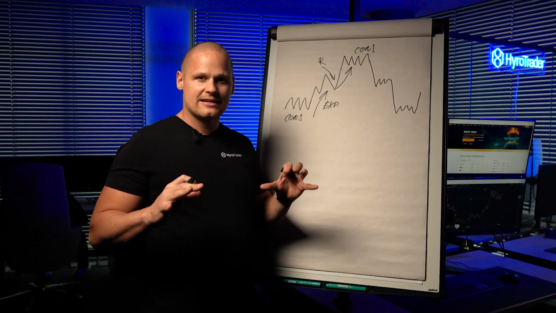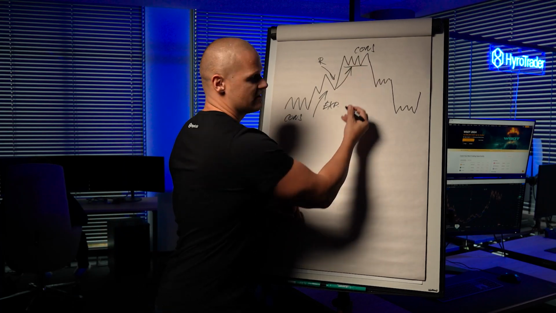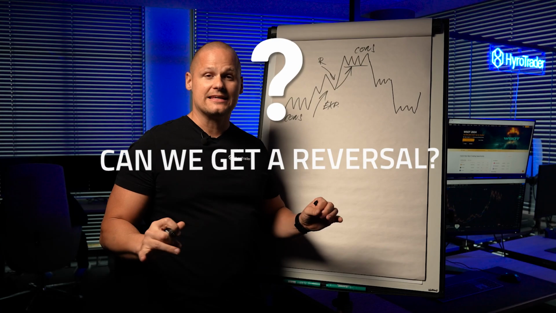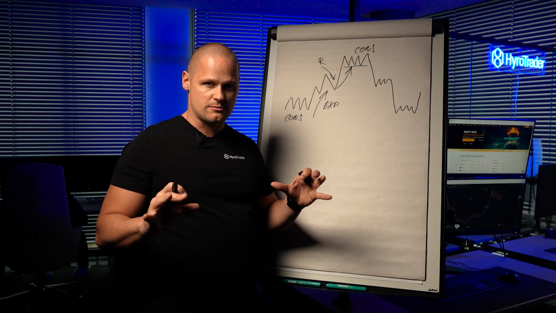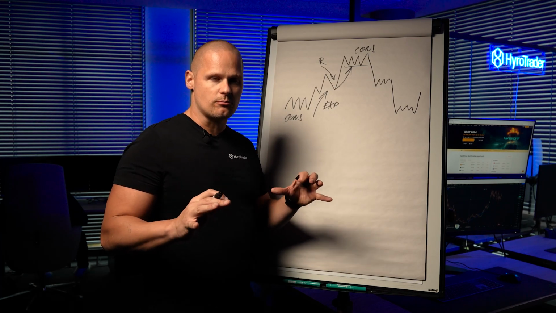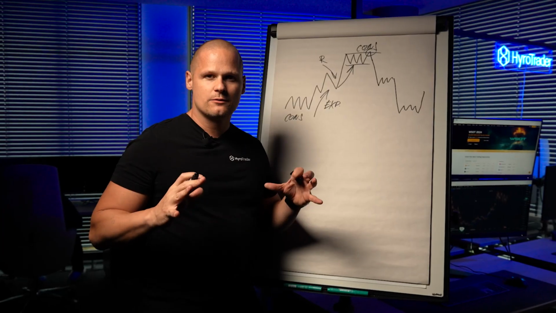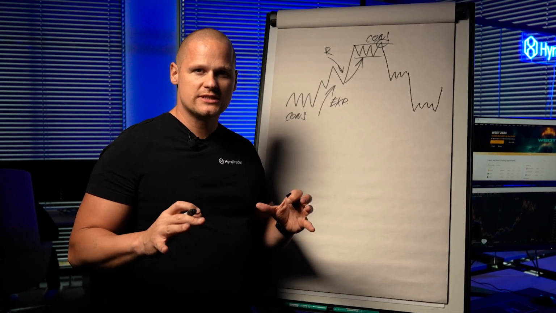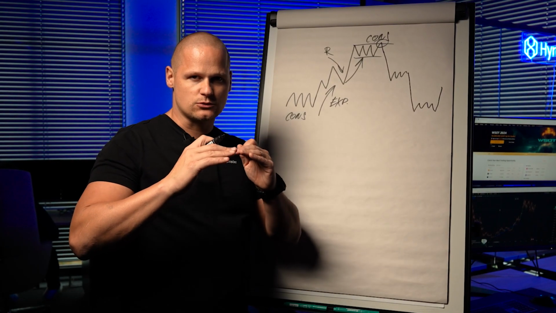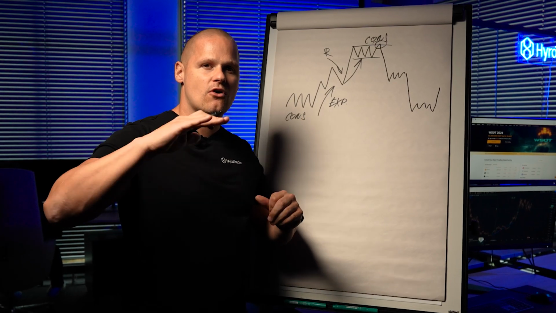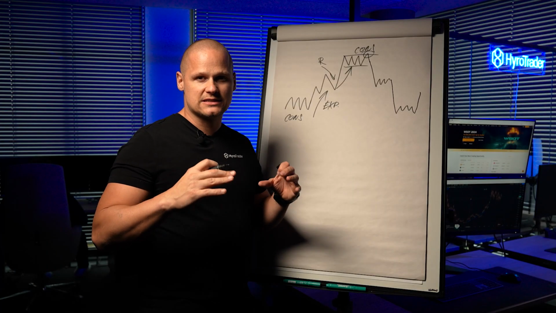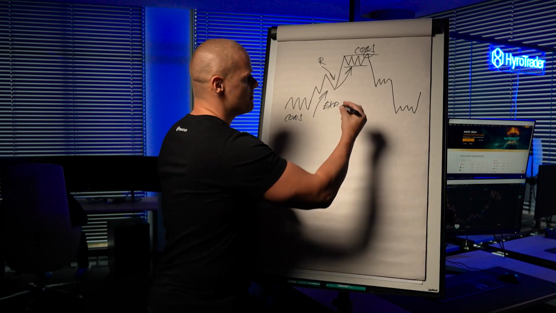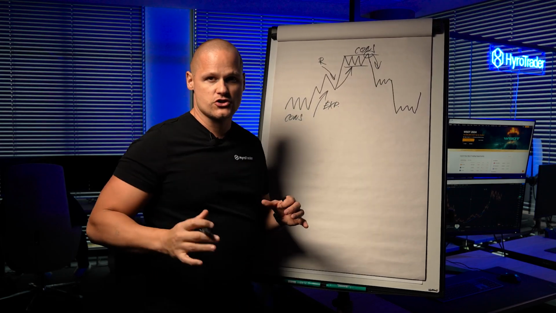Now, when we are again in the consolidation here, can we get a reversal? Yes, we can, but there is always that trick which I have told you about. And it's here on the top, where the market makers always use the range to suck the traders to both sides, and before they start the real move they mostly manipulate the price to the wrong side to suck the people into the longs before they short it.